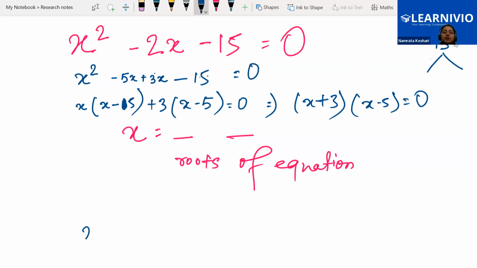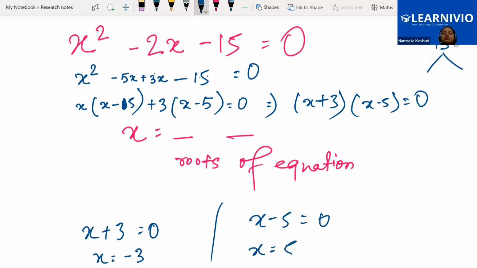We can take x plus 3 is equal to 0 or x minus 5 is equal to 0. So x value will be minus 3 from here and x value will be plus 5 from here. Getting it?